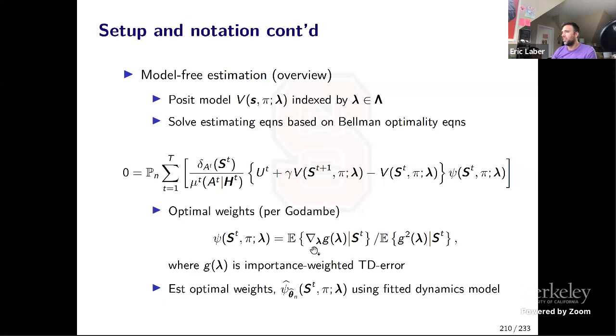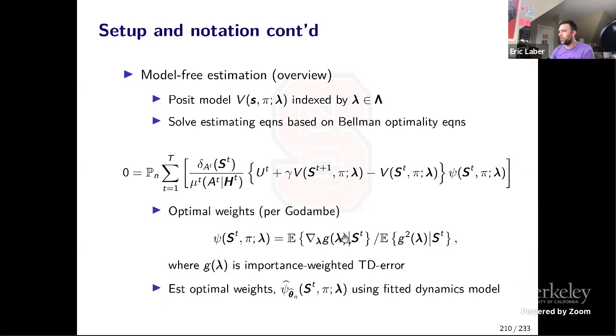So here, g is this term here, everything but this. So g is the term inside of these braces times this importance weight. Okay, so that's what g is. This is a sum of g_t from t equals 1 to T times this weight. So we're trying to figure out what this should be. This is the function g. So this is what we should set psi to be.